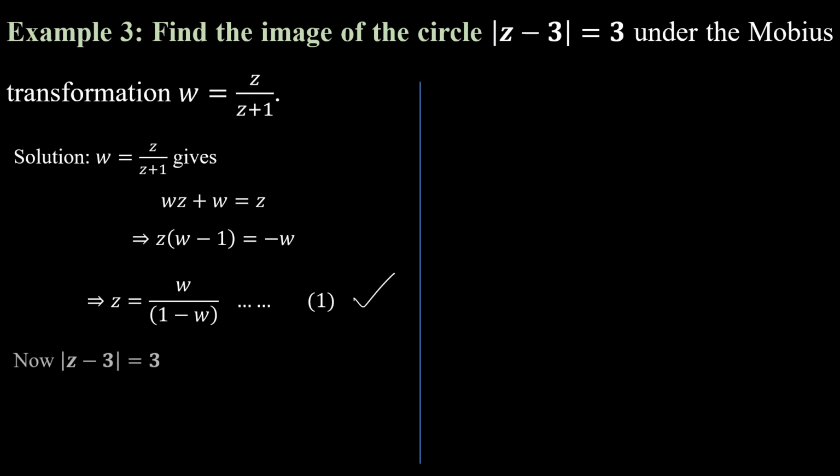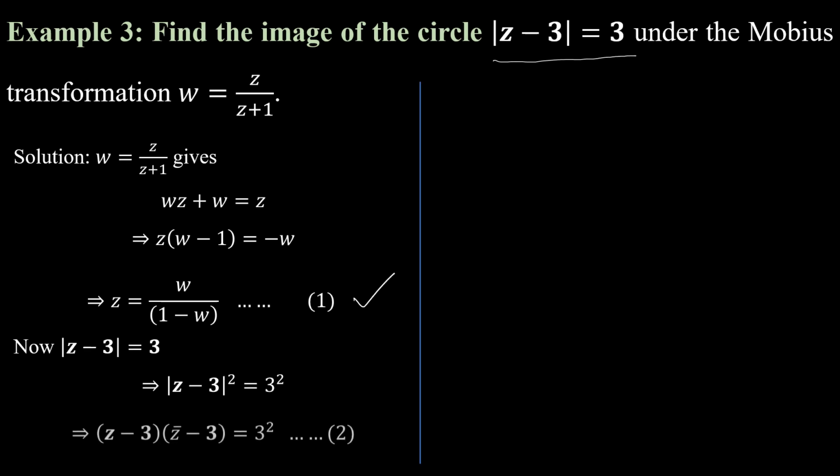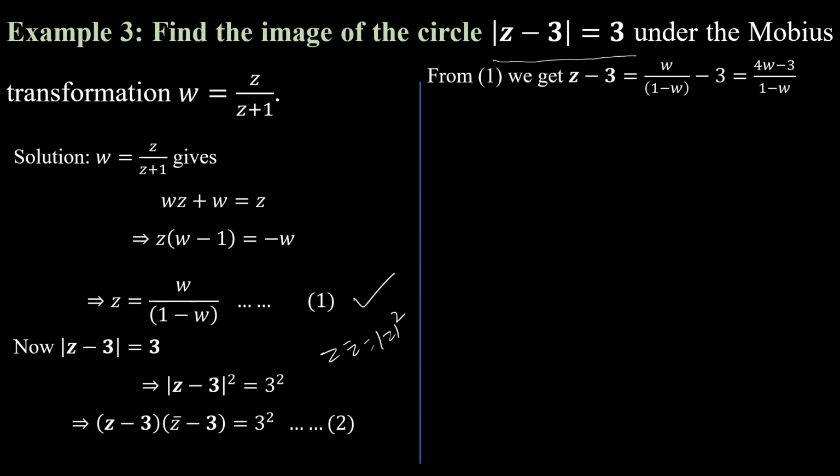Now we use this inverse transformation in the given circle. We have to find the image of this circle. So mod z minus 3 equals 3 can be written as mod of (z minus 3) squared equals 3 squared, that is (z minus 3)(z bar minus 3) equals 3 squared, where we know z z bar equals mod z squared.